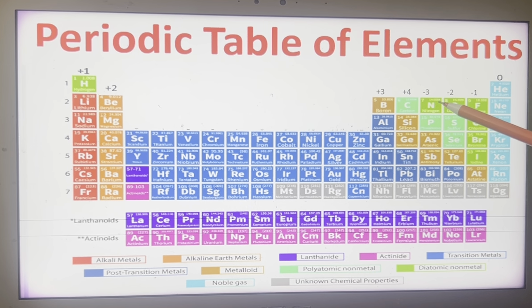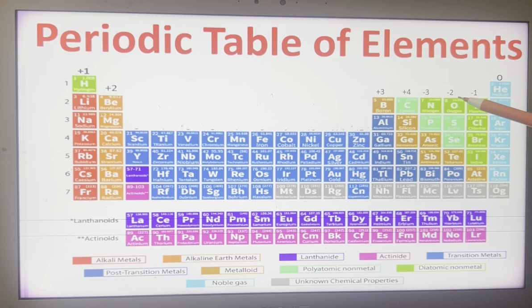And fifth group elements, nitrogen, phosphorus. Because the group number is greater than 4, the oxidation state or valence will be the group number 5 minus 8, which is -3. So we have nitride ion, phosphide ion, arsenide, like that. Metals here exhibit +3. Afterwards, oxide, oxygen, the sixth group elements.